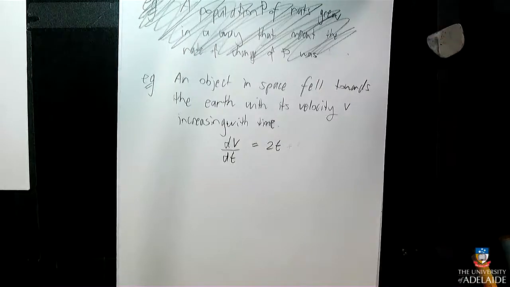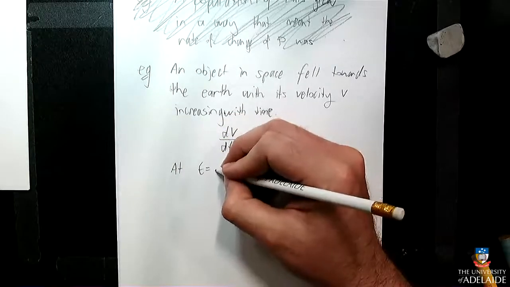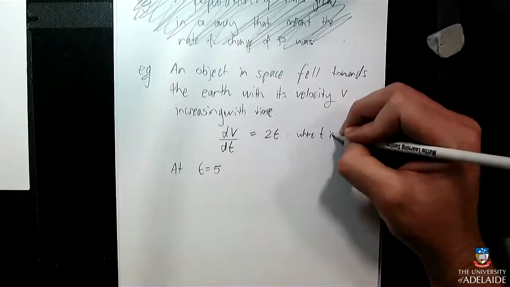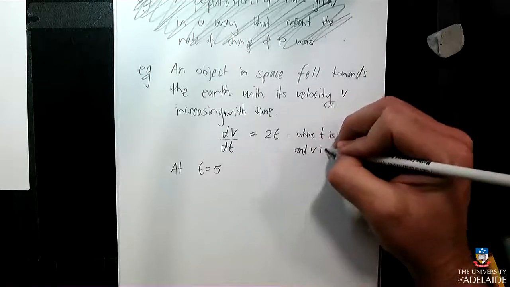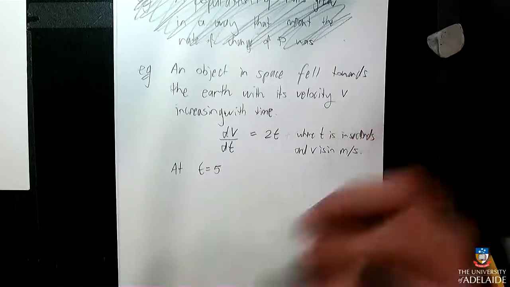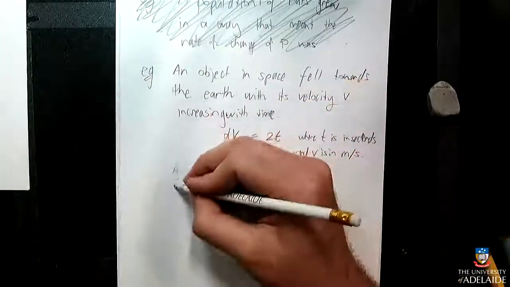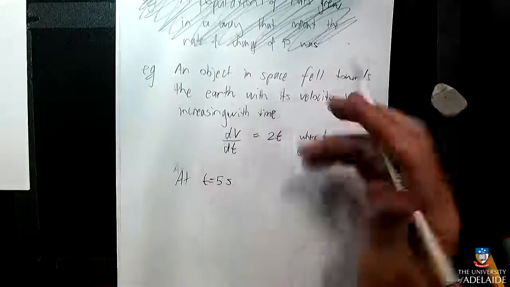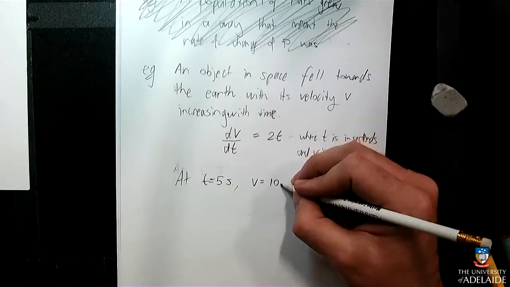So the question is, what is the velocity at any given time? At t equals 5, where t is in seconds and v is in meters per second, 5 seconds after we started watching it, v was equal to 100 meters per second.